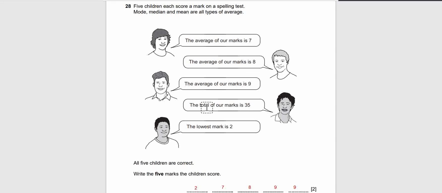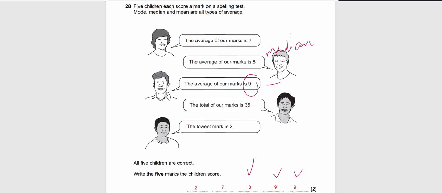Now we see that the total mark is 35. So we total up, it has to be 35, and one of the numbers should be the mode. So we try to put 2 9s in here, and the mean is 8. The median is 8.